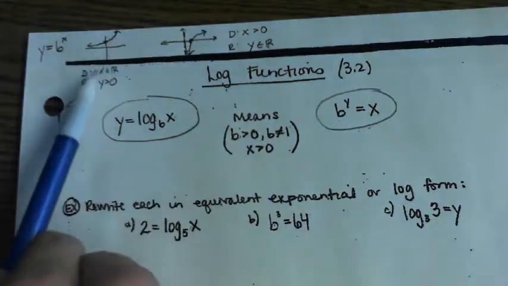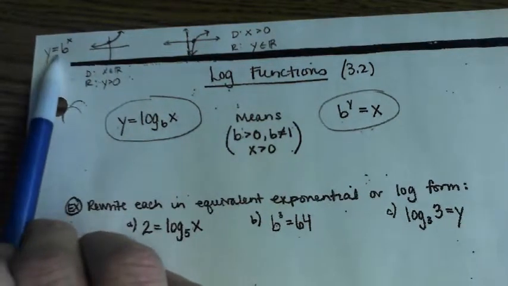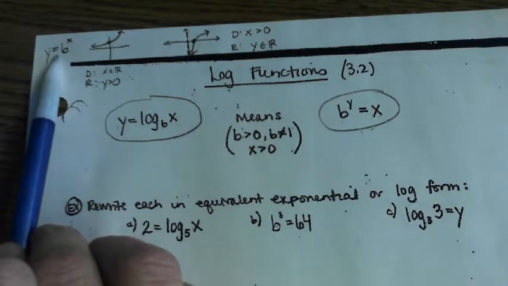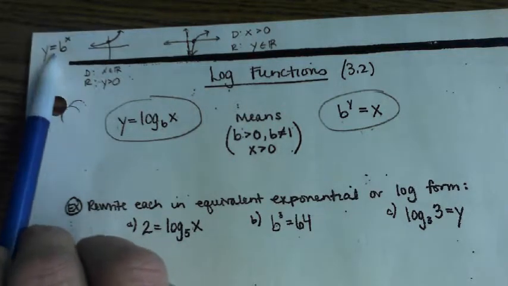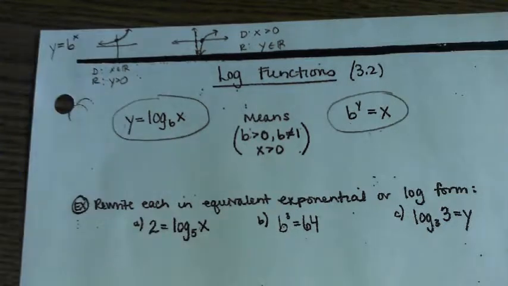Why can't you have a base in an exponential that's a negative number? What would that graph look like if it was negative 2 raised to the x power? Aiden? The product, you said? Is that what you said, the product?